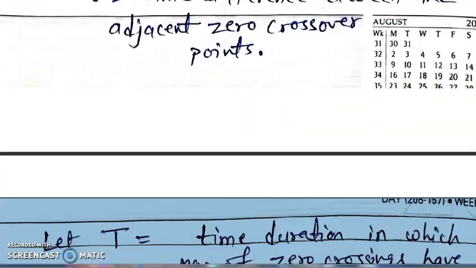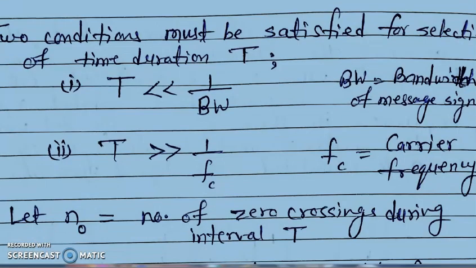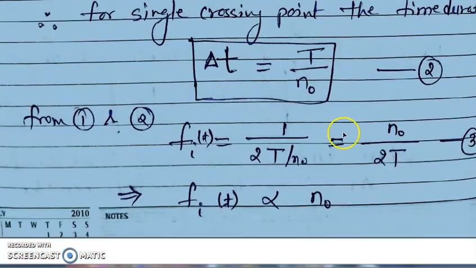Now we have to find the complete formula. For a single crossing point, the time duration del t is equal to capital T divided by the number. If the total number of zero crossings is N0 for total time T, then for one zero crossing the time duration is del t.